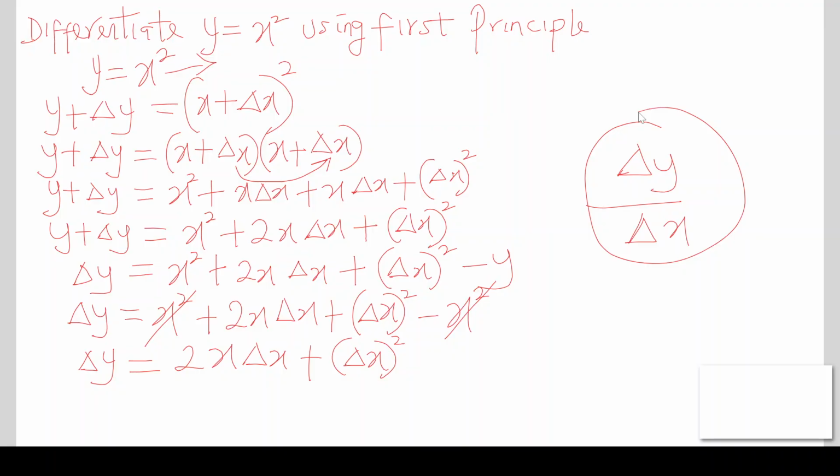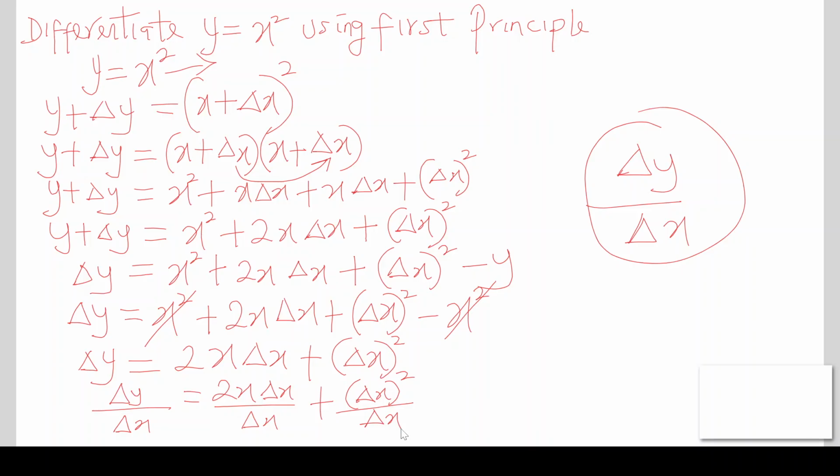So dividing all through by delta x, it becomes delta y over delta x equals 2x delta x over delta x plus delta x squared over delta x. Let me write this square properly. So delta x squared over delta x.